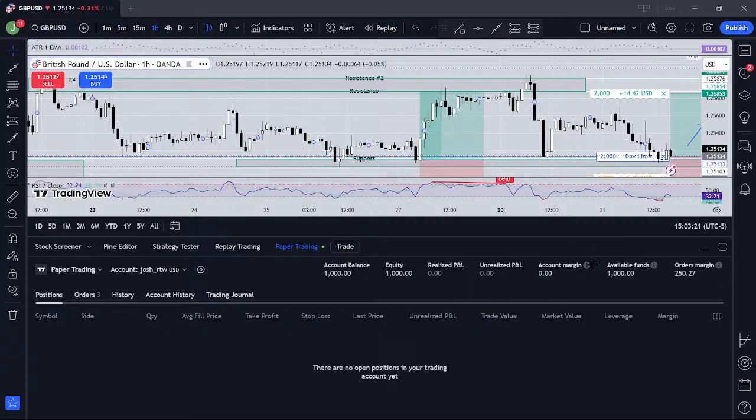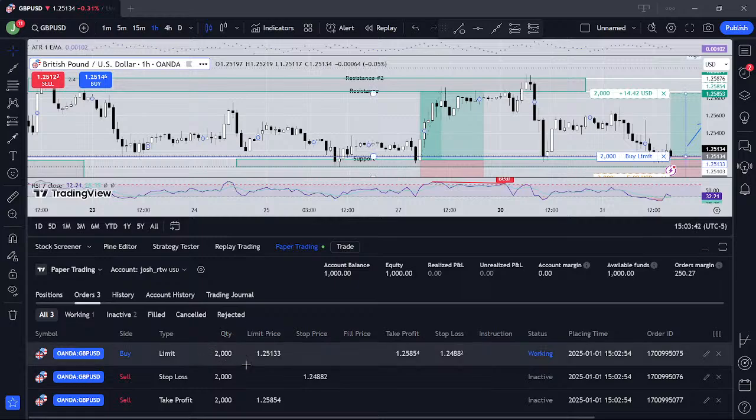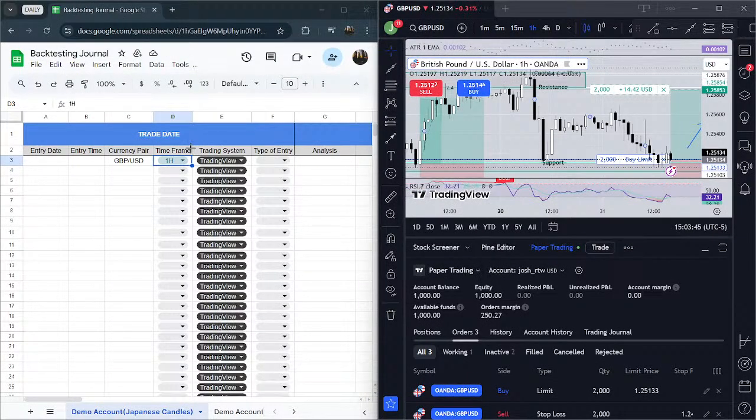So my margin right now. I'll place this in my journal. So I said GBP 1 hour.